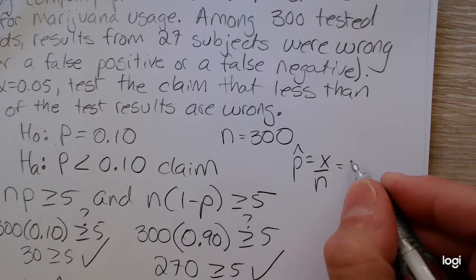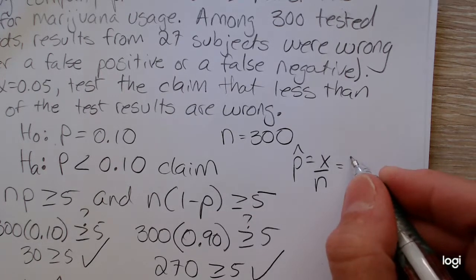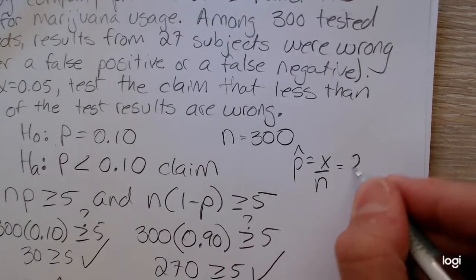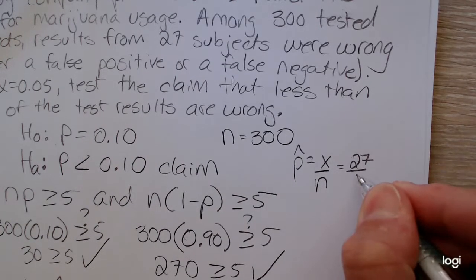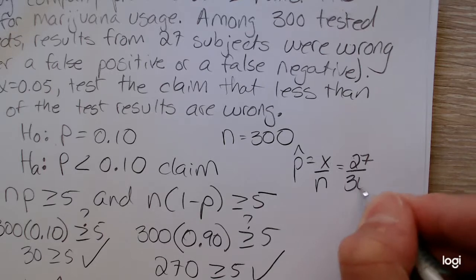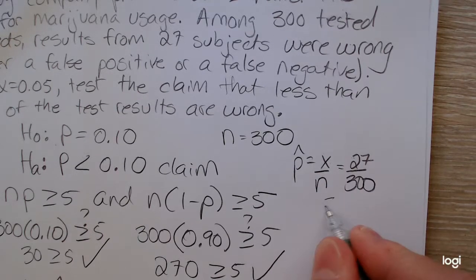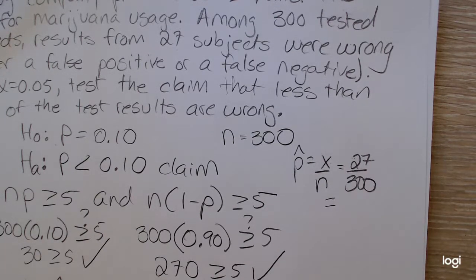It's what you're interested in the problem. So 27 out of 300, and converting that to a decimal, I get 0.09.